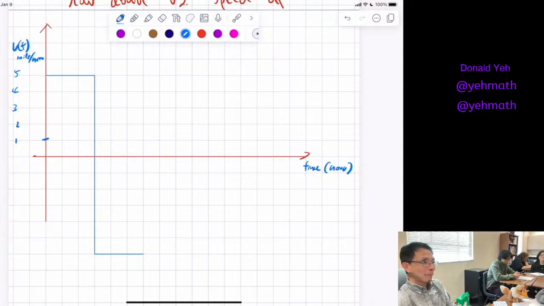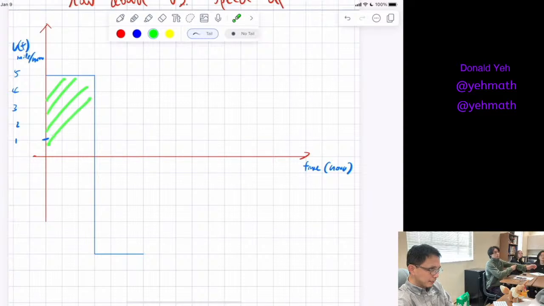All right, so let's just say first 3 hours. How much distance can you cover in the first 3 hours? 15 miles. Can you tell me what that is in terms of calculus here? Can you see where the 15 comes from? The area of the positive velocity. Thank you. So it's gonna be this area right here, right?